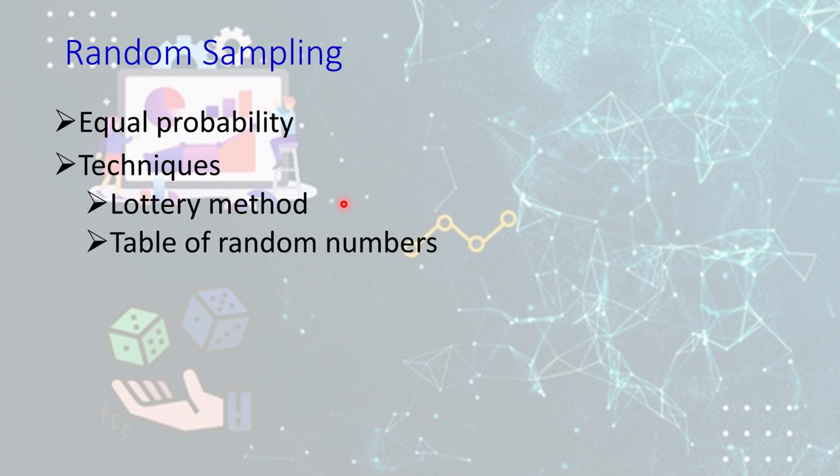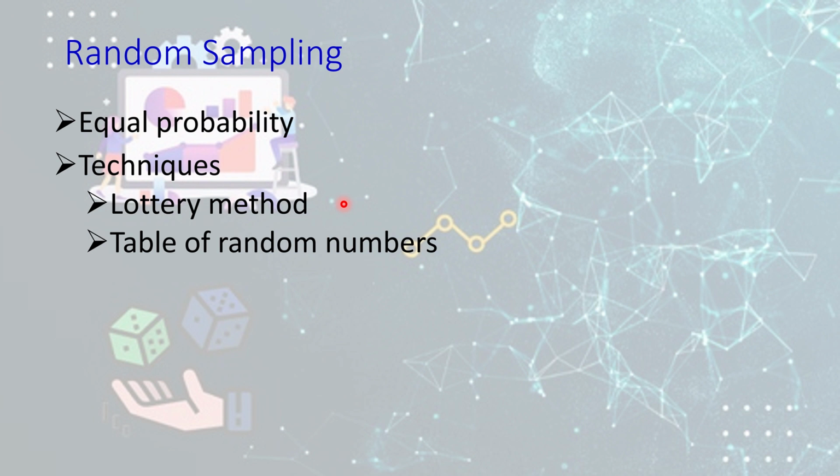If you are interested in a sample of size 10, you will pick 10 pieces from it, and the data points written on them will be considered the sample, which is obviously done randomly.